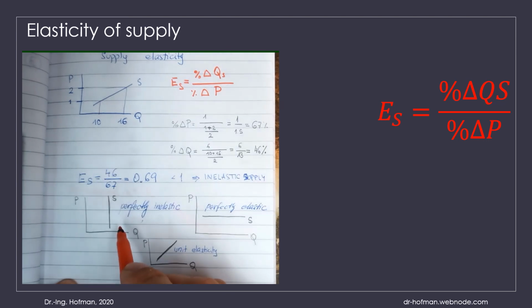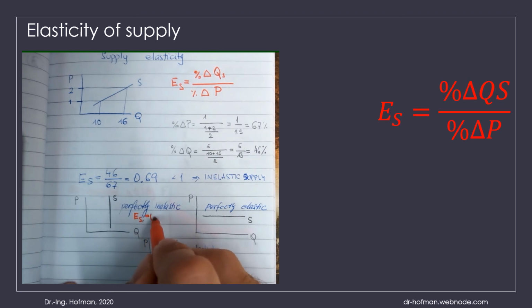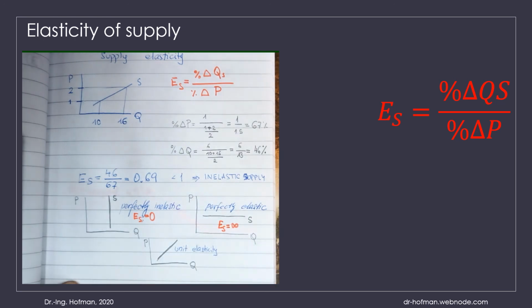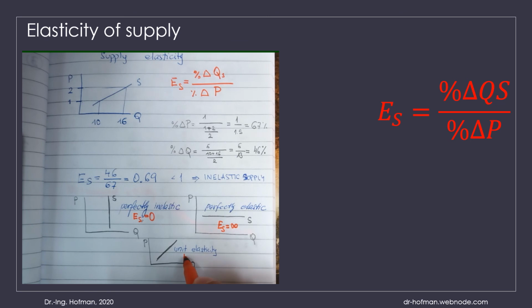In this case, elasticity of supply is 0. In this case, elasticity of supply is infinity. And in this case, elasticity of supply is 1.